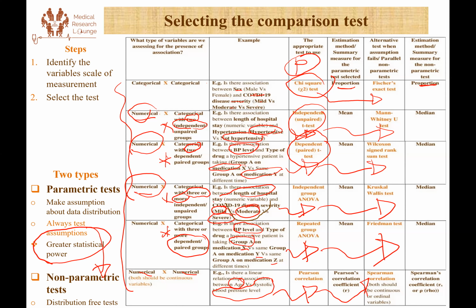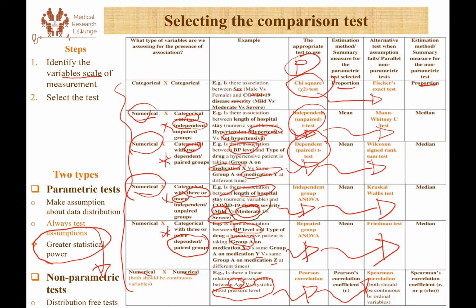Just like I presented again and again in the previous webinars, the beginning block for all of these is identifying your variables' scale of measurement. Some variables have their own scale of measurement, which we don't even want to change. But for other variables like age, we might decide to change their scale of measurement from the original into a different one, so that it becomes more convenient for analysis and interpretation.